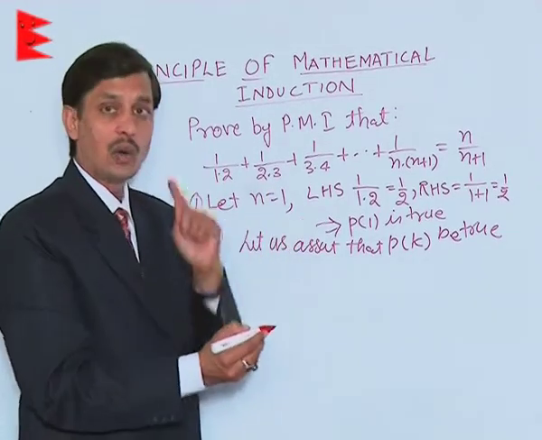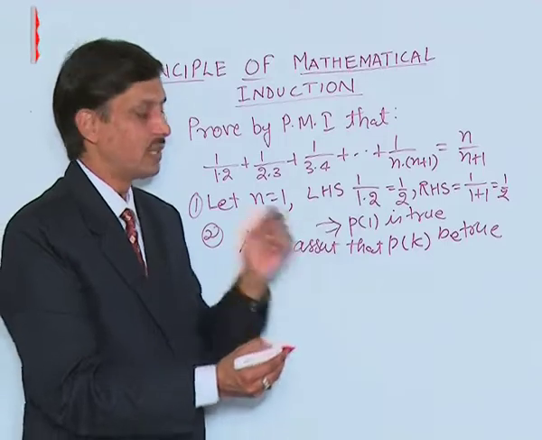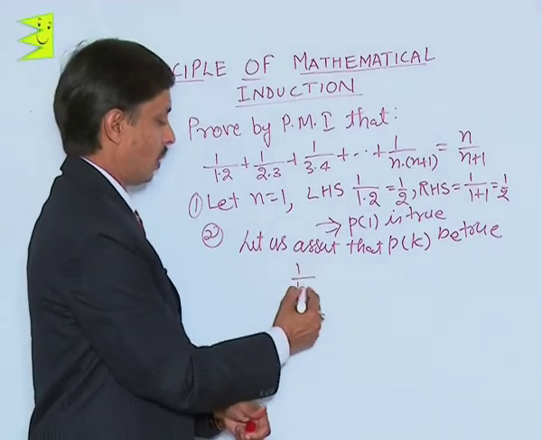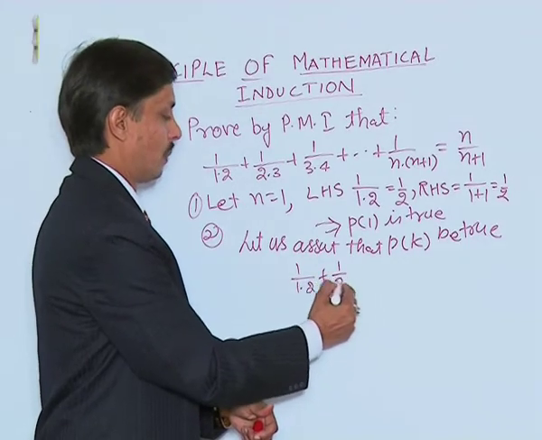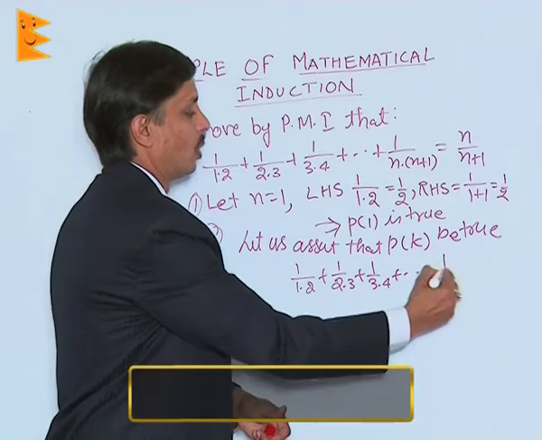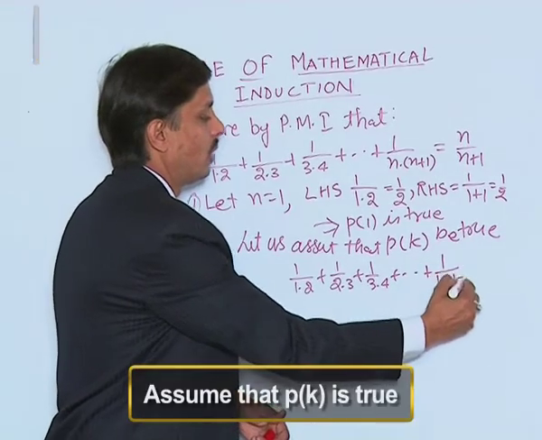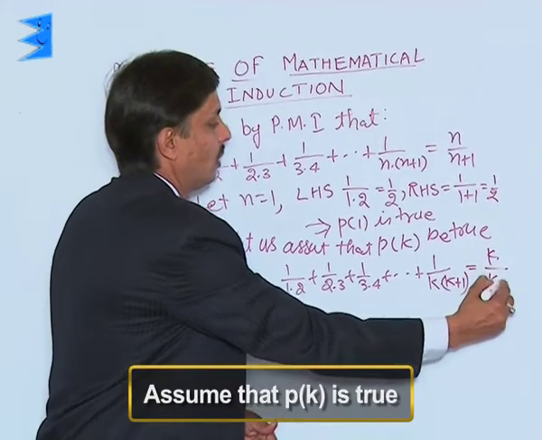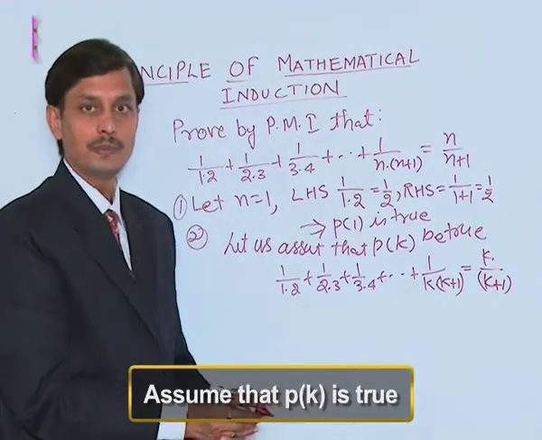So how can this mathematical statement at n equals k be written, in the same way: 1 upon 1 into 2, 1 upon 2 into 3, 1 upon 3 into 4 plus dot dot dot 1 upon k into k plus 1 is equal to k upon k plus 1.